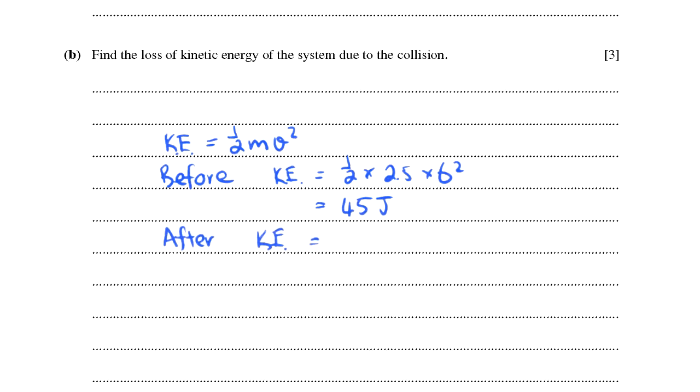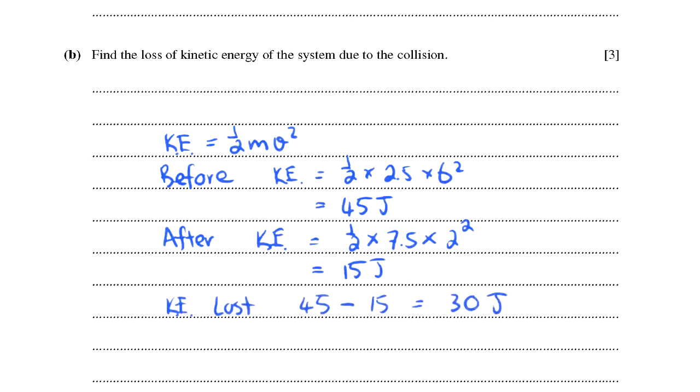And in this case, it's now going to be a half times 7.5 times the velocity, which we just found out, 2 squared, which equals 15 joules. So the kinetic energy that's lost is what we had before minus what we have after, and that turns into 30 joules.